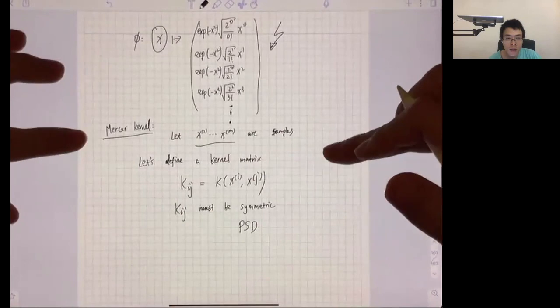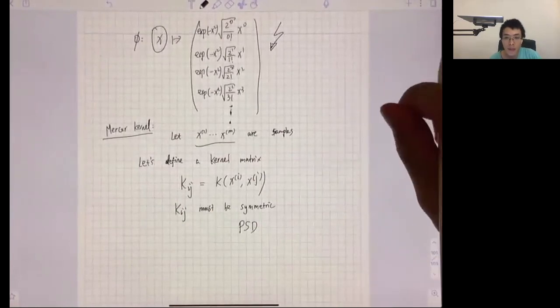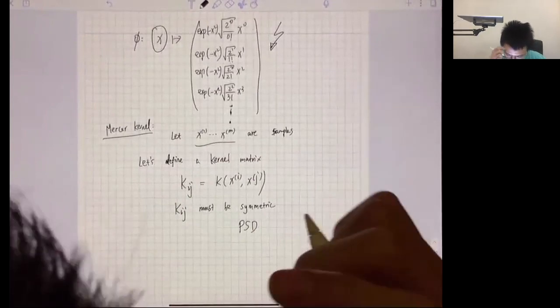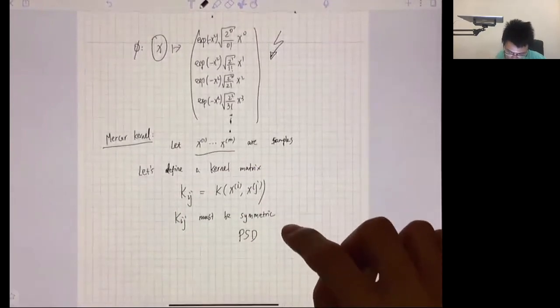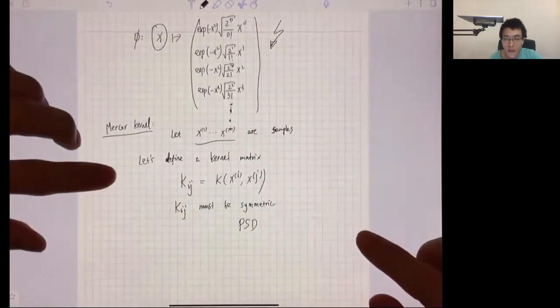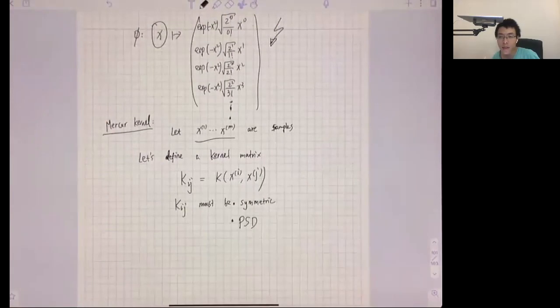Then, by compactness, it tells you that the kernel function itself is positive semi-definite. If you satisfy the Mercer's condition, then there exists some vector space that you can embed your data samples into, and then the kernel is an inner product in that vector space.